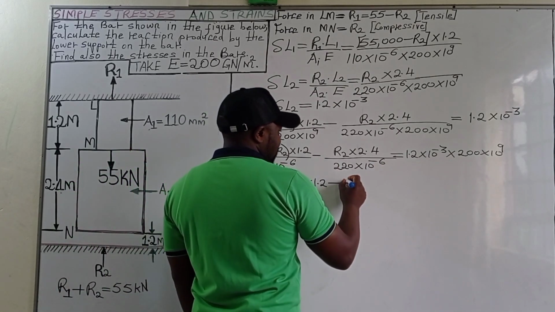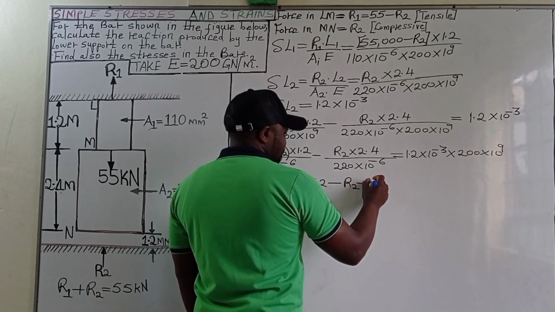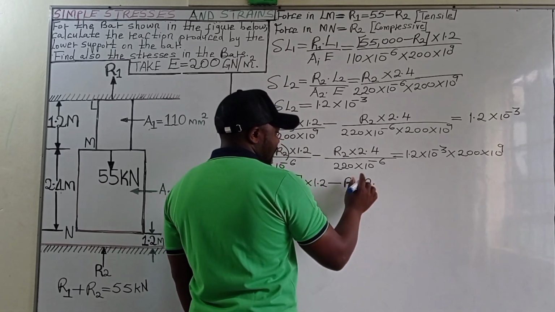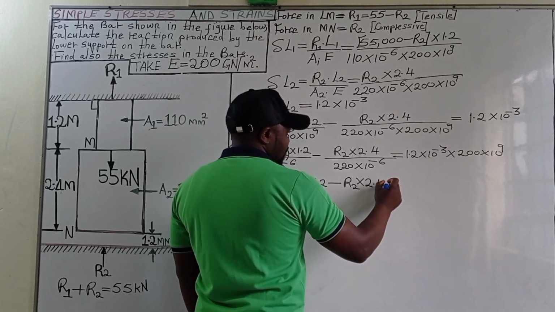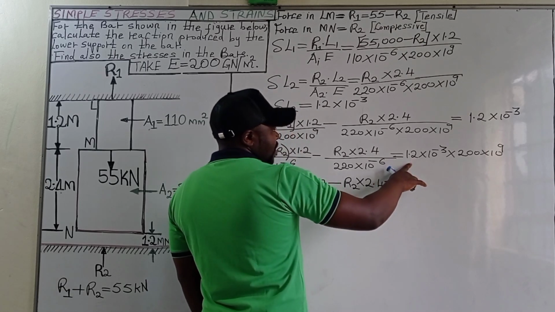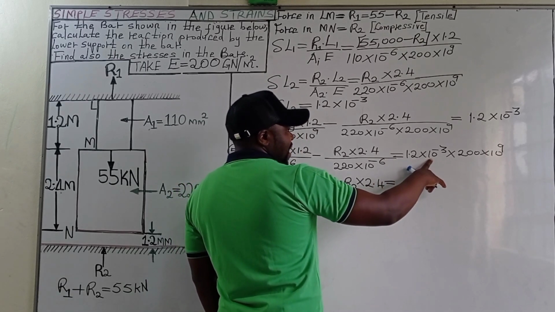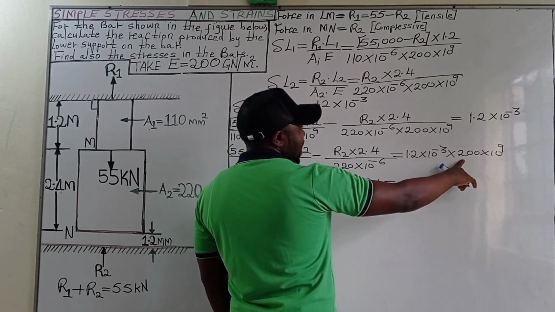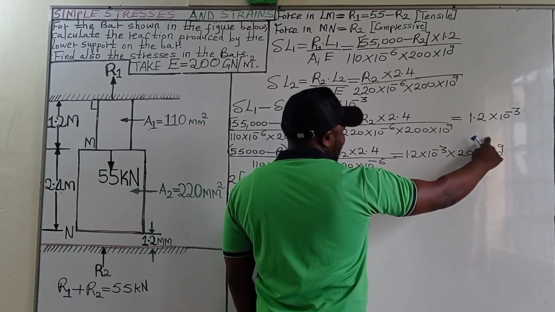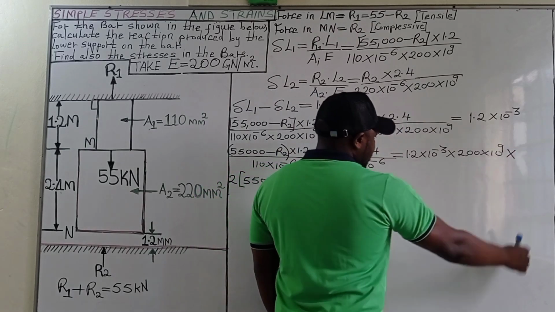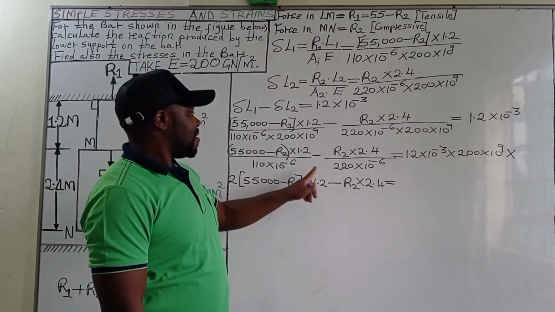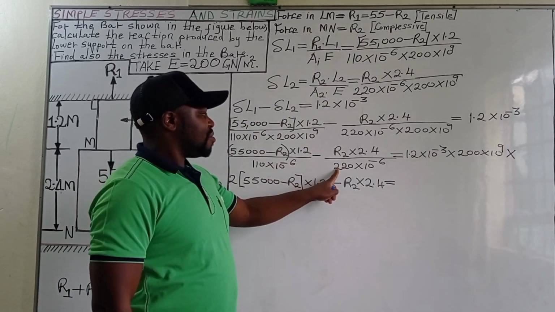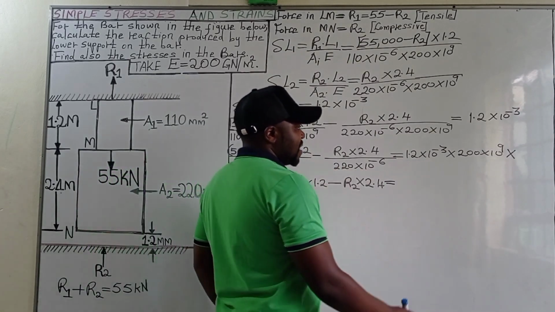So this is going to give us R2 minus R2 times 2.4 being equal to 1.2 times 10 raised to the power negative 3 times 200 times 10 raised to the power 9 times the LCM, the one that we had here, 220 times 10 raised to the power negative 6.